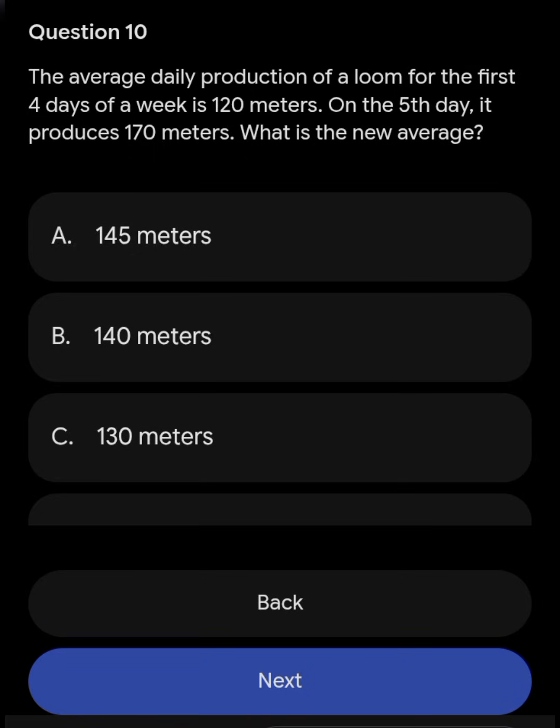Actually, the new average which is given plus the old average into the number of days, we need to take that.